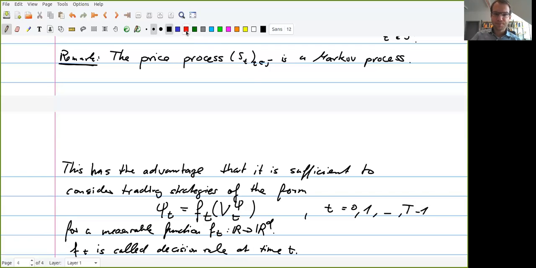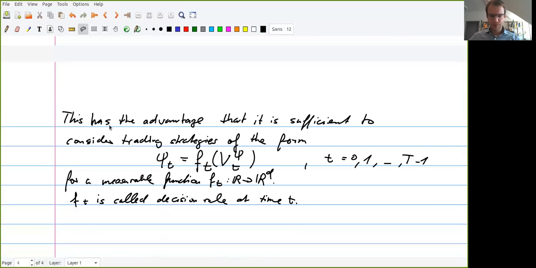So if I fix this function f_t, it tells me, the moment I know my capital at time t, how I split it up into d positions.